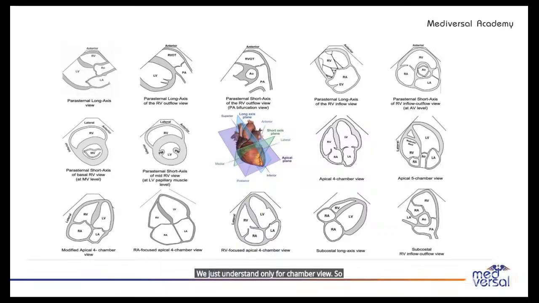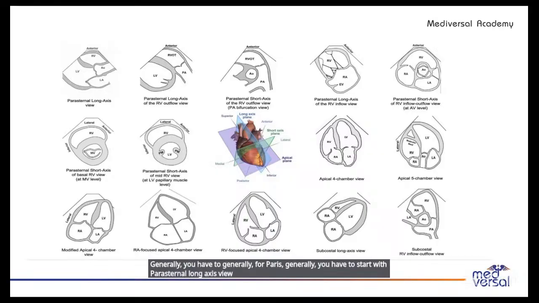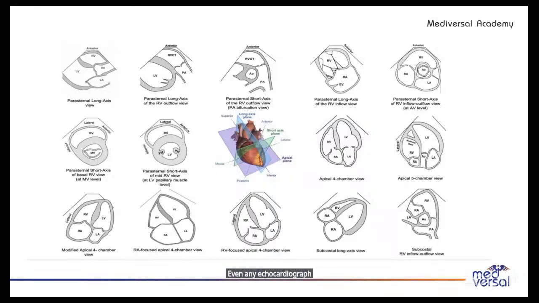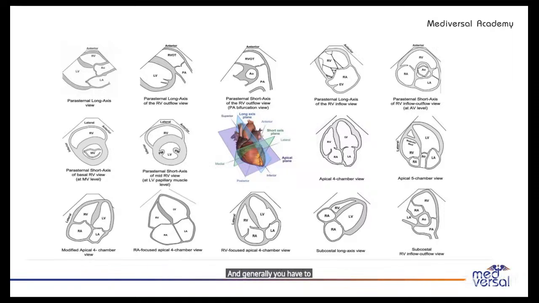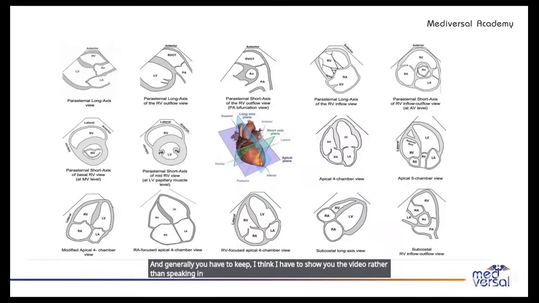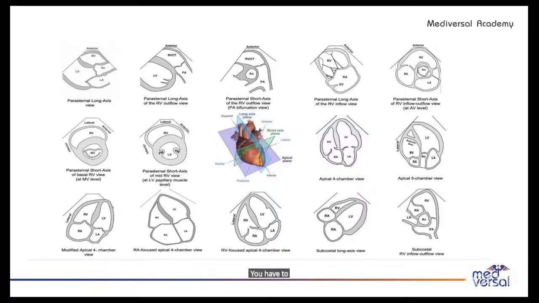Generally, you have to start with the parasternal long axis view. Any echocardiographer will start with the parasternal long axis view. I think I have to show you the video rather than speaking with audio, but you'll get all the views only by practicing continuously.